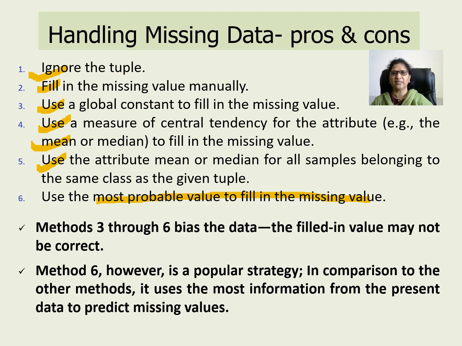And we have learned that in that case we use a trimmed mean. Methods 3 to 6 bias the data because we fill in a value and that value may be incorrect. Method 6, however, though it is very popular and correct, needs us to predict the value using techniques which we shall be learning later.